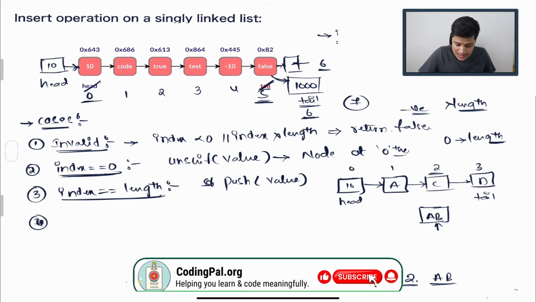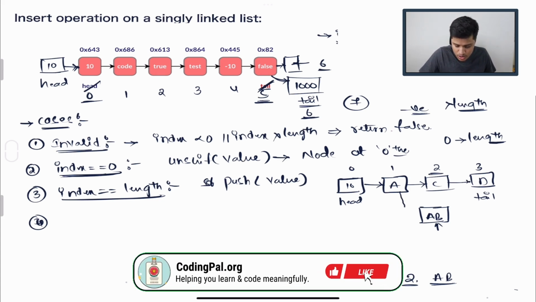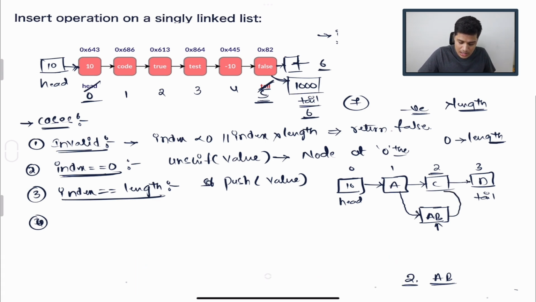That means next of A should store the reference of AB. Similarly, the next of AB should store the reference of C. In this way, the old connection will be broken and new connections are established. As a result, AB will be available at index 2, C will be available at index 3, and D will be available at index 4.